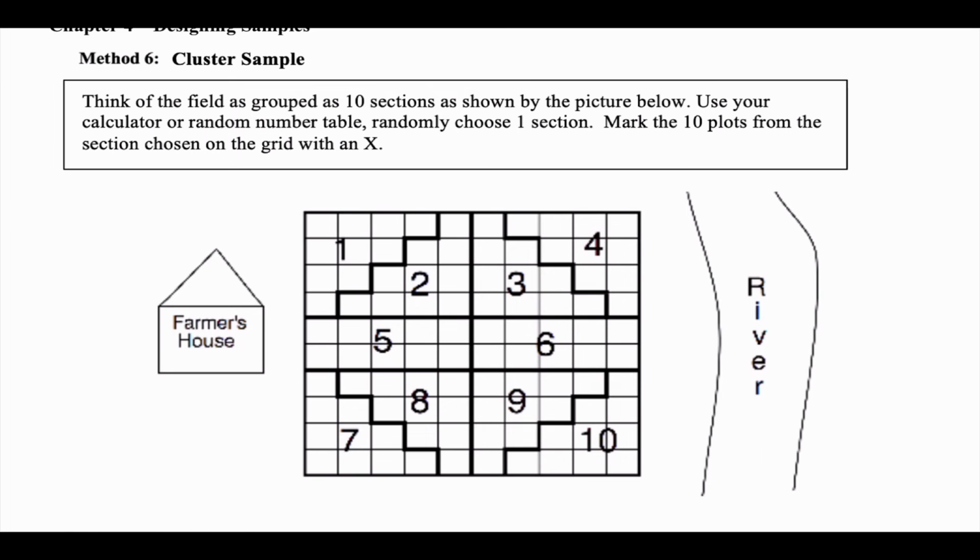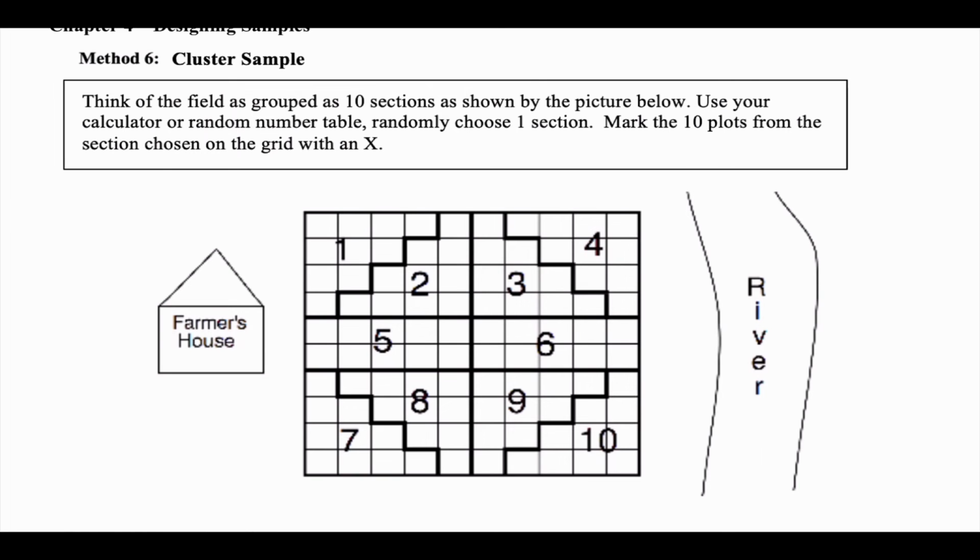Use your calculator or your random number table. Randomly choose one section. Okay? And then mark the 10 plots from the section with an X. So you're randomly choosing a cluster. And then when you find the cluster, everybody in that cluster gets an X. A census. Census means everybody. Okay?